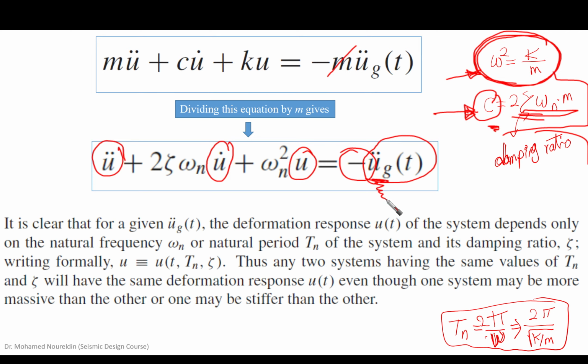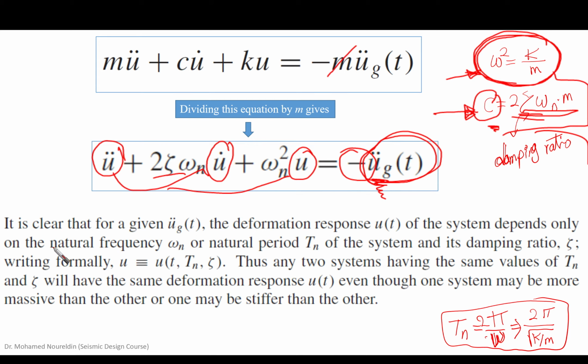The acceleration of the ground excitation. So these three quantities are related to u double dot g, and at the same time they are influenced by zeta, which is the damping ratio, and omega n, which is the natural frequency.